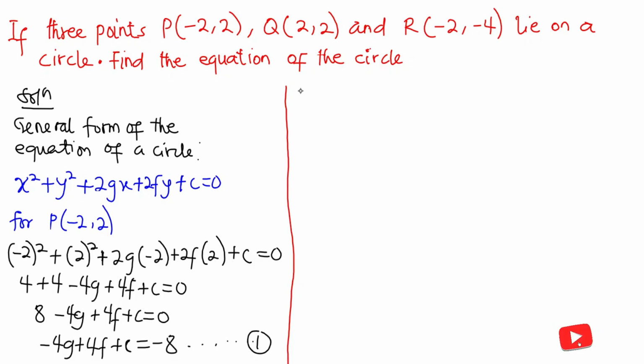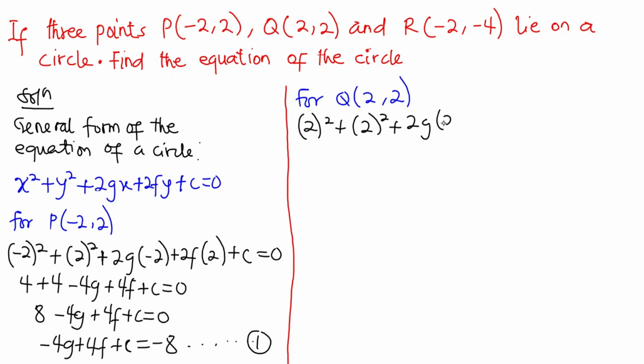So continue, that is the coordinate Q. So for Q, that is (2, 2). By substitution into the general form, we have 2 squared plus another 2 squared plus 2g, we know x to be 2, so we substitute, plus 2f of 2, and then plus c, which is equal to 0.